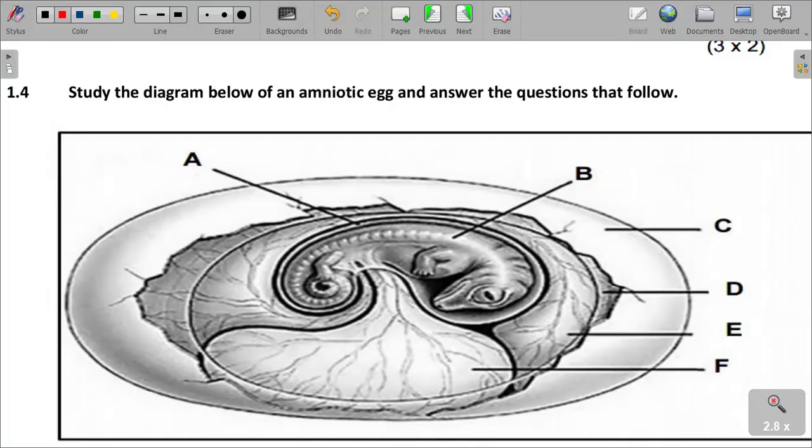It enabled the habitation of places which used to be impossible, where water was not there, but now because of a shelled egg, we say that an amniotic egg is a shelled egg, for example a bird, a chicken, or any other reptiles which have eggs that are shelled.